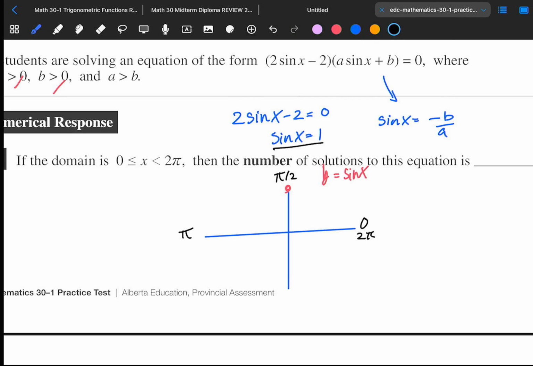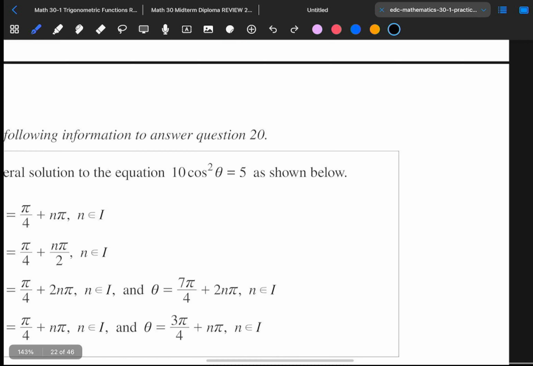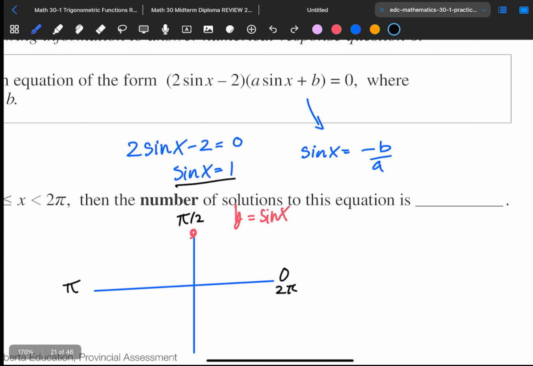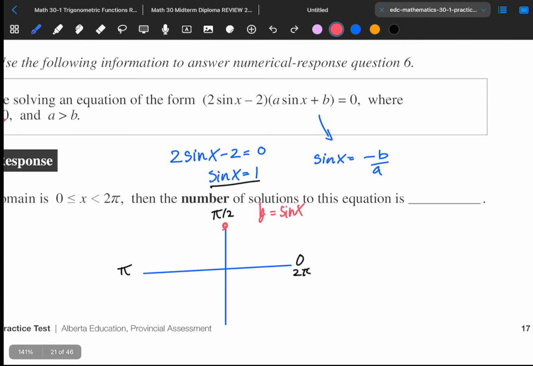In this case, our domain only goes up to 2 pi, and our domain cannot equal 2 pi either. So this first equation yields us one solution. We're looking for the number of solutions, and this one has only one solution in this domain.